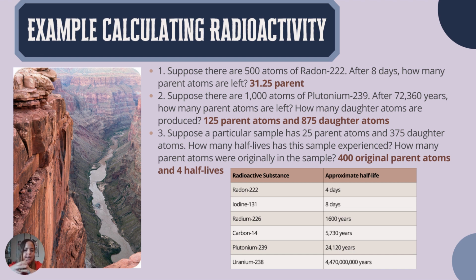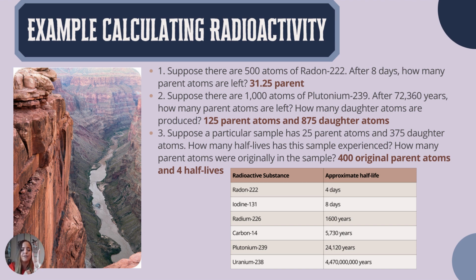Plutonium-239 has a half-life of 24,120 years. So that is 3 half-lives if it's gone through 72,360 years. We need to take 1,000 atoms and divide by 2 three times. 1,000 divided by 2 is 500, so that's 1 half-life. 500 divided by 2 is 250, that's 2 half-lives.